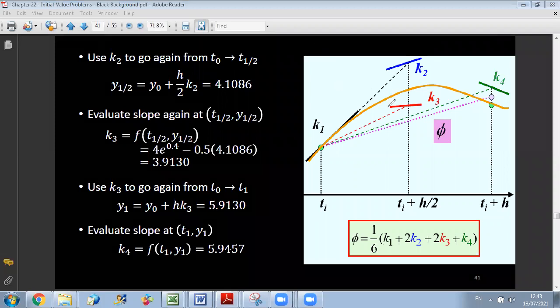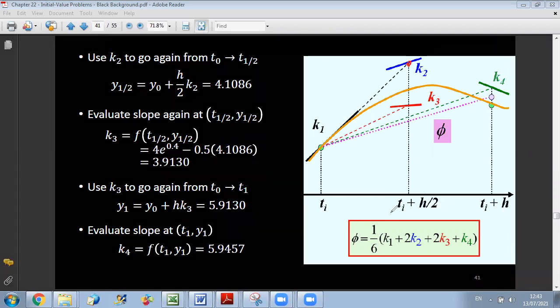So we were saying that now we will evaluate the slope again at t half, y half, because we already found k2. Once you find y at i plus 1/2, you will be ready to find the corresponding slope.